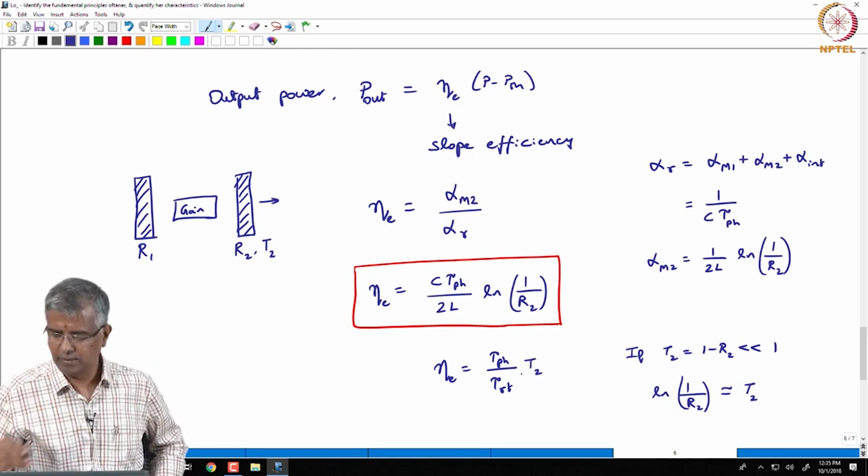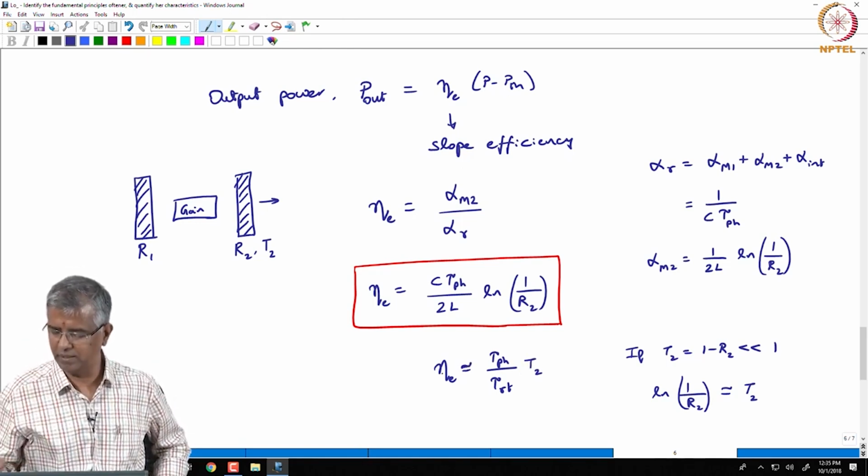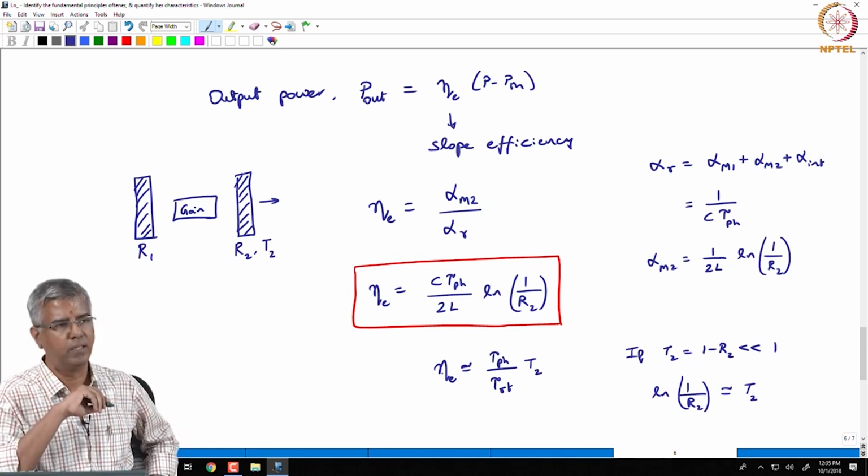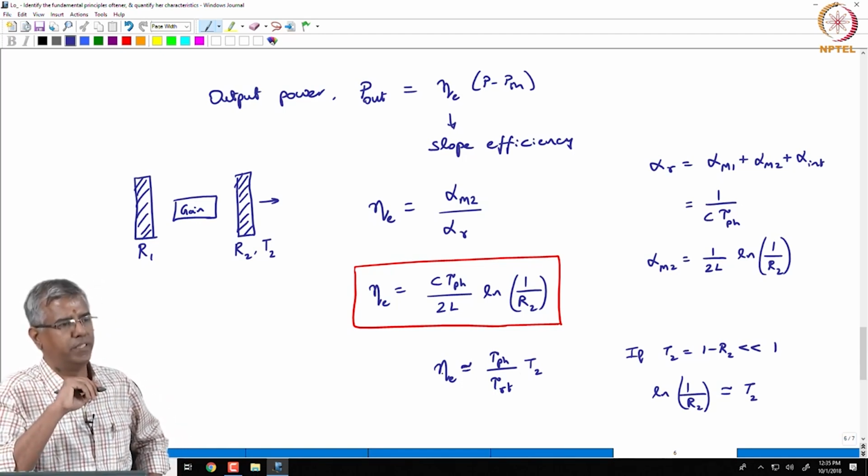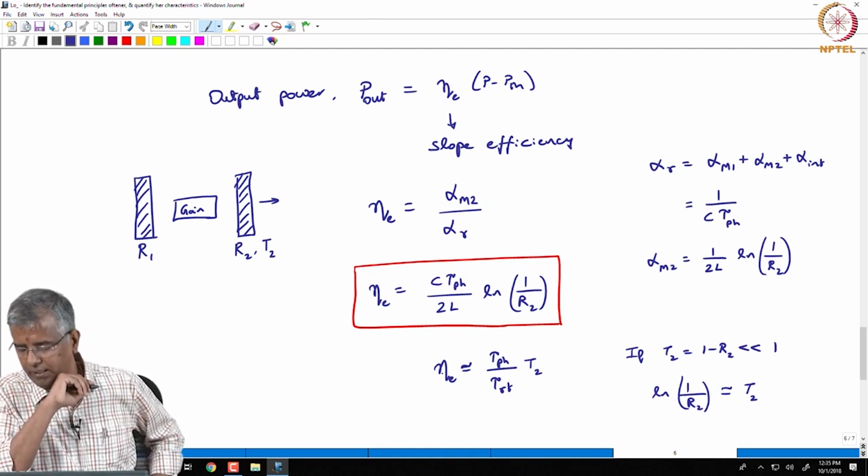This is valid only when we have a very low transmission.